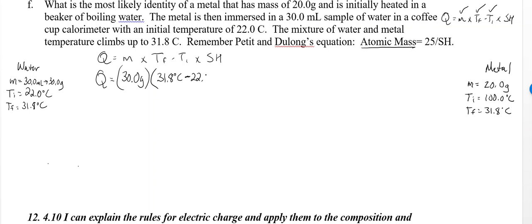I need calculators out, moving ahead of me, in order to give me numbers. What is 30.0 times 31.8 minus 22.0 times 4.18?